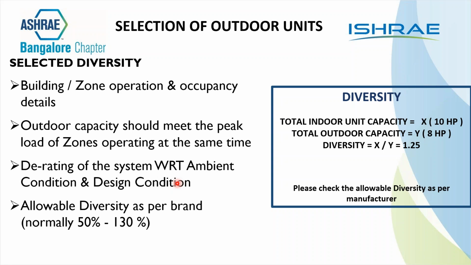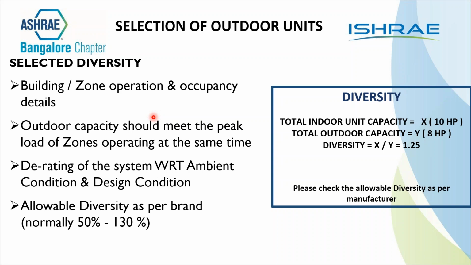I am not considering a diversity of 50%. I am considering a diversity of only 25% because I am taking the higher load, that is 75%. So assuming that 75% of the time you have peak load, I am considering only the 25%. Now I am going to give you an indoor unit which is going to deliver your required quantity of air. However, I will give you a 25% lesser outdoor capacity.